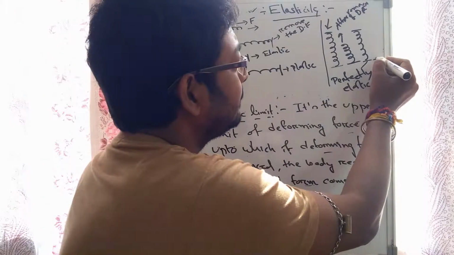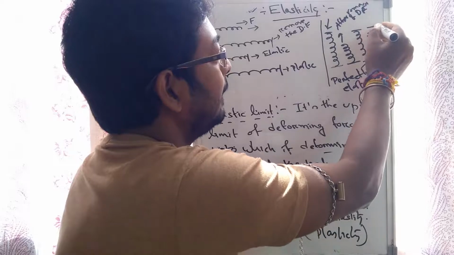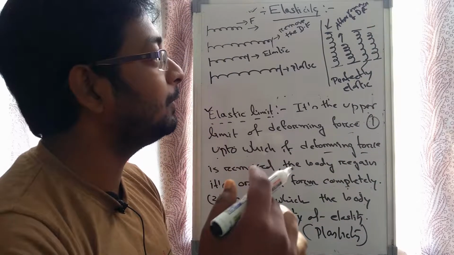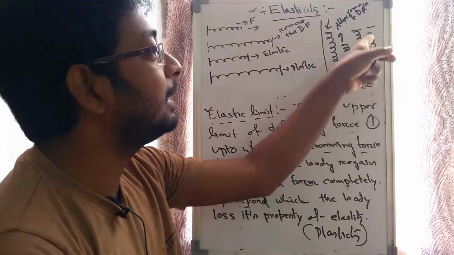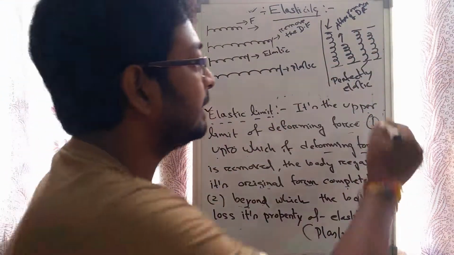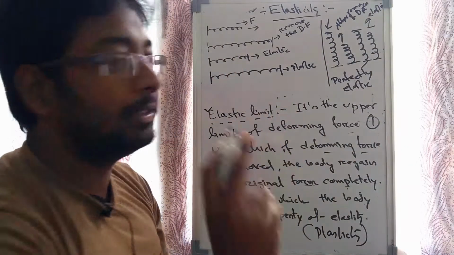But if the object regains its configuration, but not completely, it is unable to regain exactly its original size, but it has a tendency to regain, then we can say this is elastic. So there are two different terms.